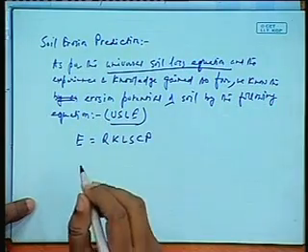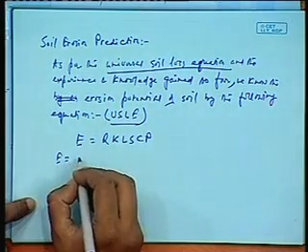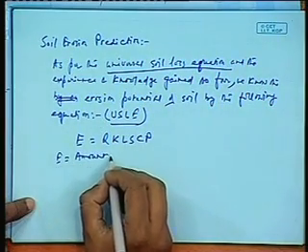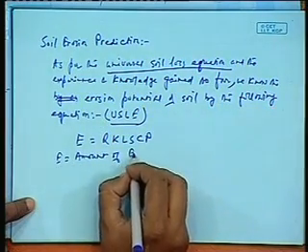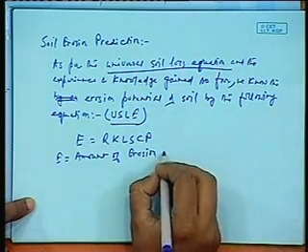RKLSCB. This E is the amount of erosion in tons.